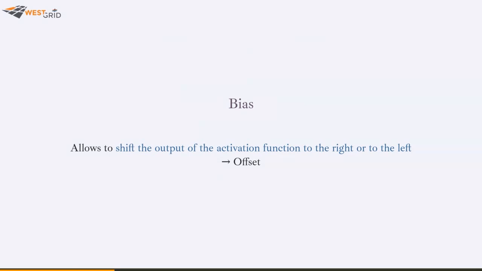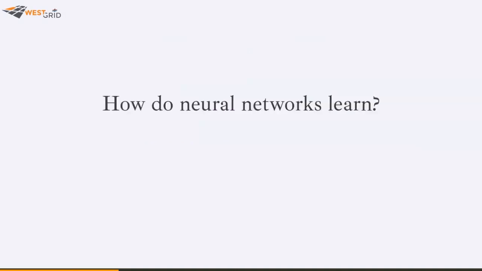This offset allows you to reach values that you would never reach otherwise, because if you think of the sigmoid function, when you play with it, it will always go through 0, and maybe that's not what you want. So the bias allows you to adjust this.